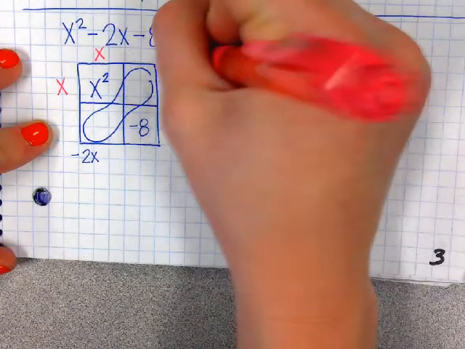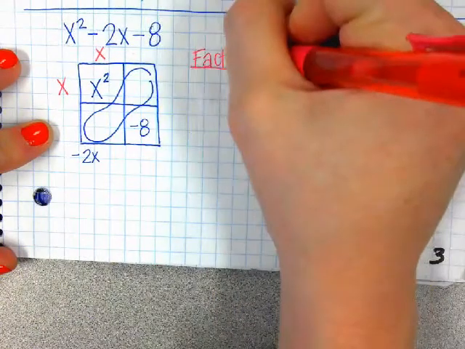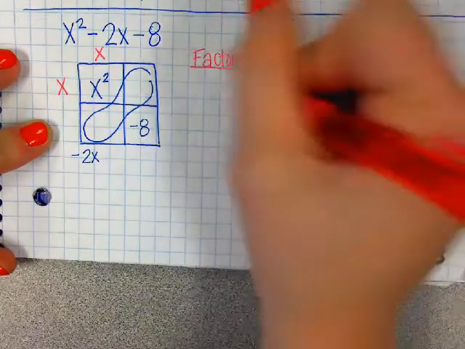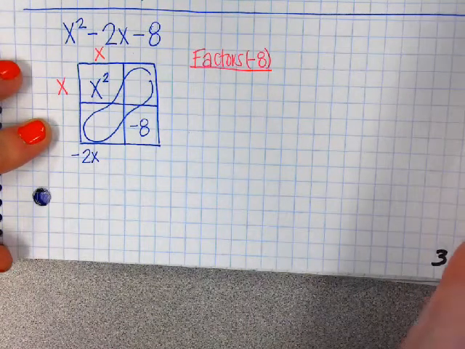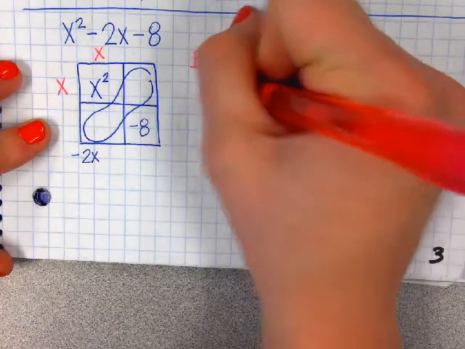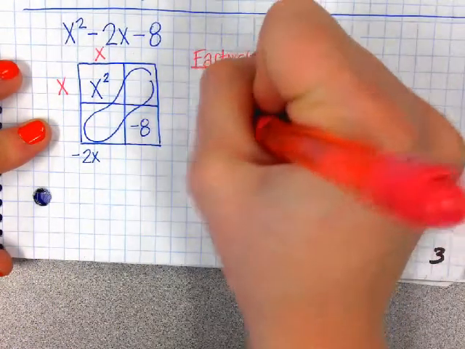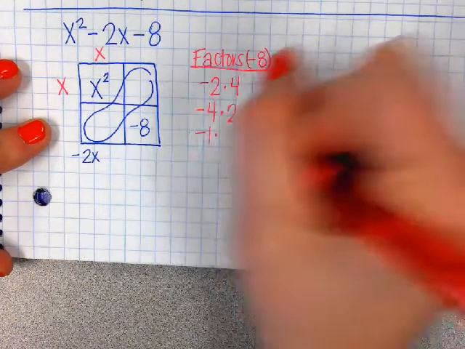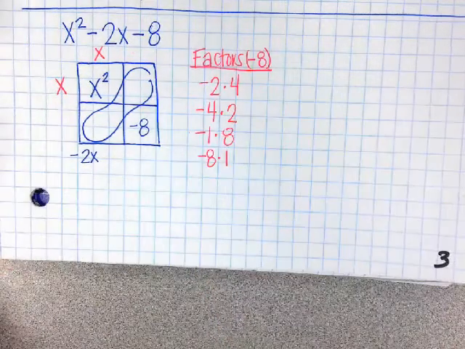Now, you're going to list the factors of negative 8. So you could have negative 2 times 4, negative 4 times 2, negative 1 and 8, negative 8 and 1.